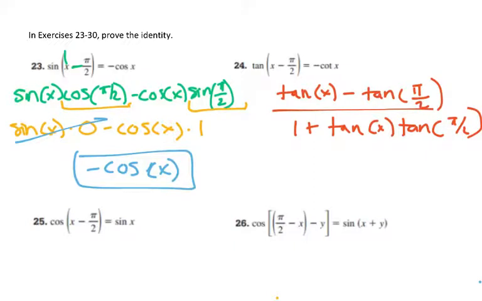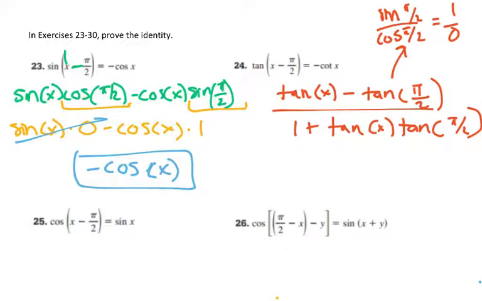So then we need tangent of pi over 2, and remember that that's sine of pi over 2 over cosine of pi over 2. And we just did sine of pi over 2 and cosine of pi over 2 in the previous problem. And sine resulted in 1 and cosine resulted in 0.